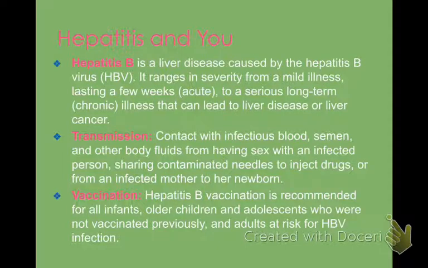There is a vaccination for hepatitis B, and it's recommended for infants, older children, and adolescents, and that will help prevent transmission, so that you don't get hepatitis B. Most babies get that when they're infants. If you don't have it when you're an infant, then you may need to get it when you're an adult.